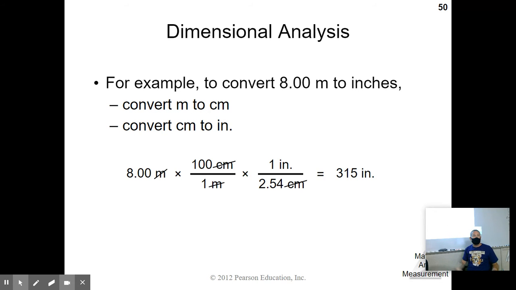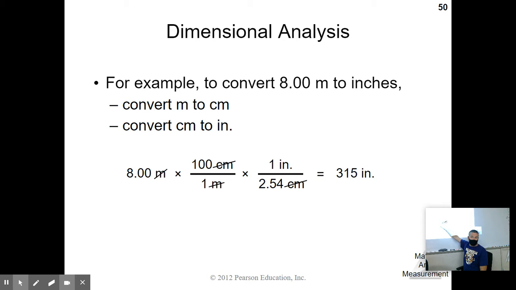It also sets up a division problem. Okay? So you take your 8, multiply it by 100. The meters cancel. And you can divide by 1 if you want to. I think you already figured that out. So you take that answer. So 800, right? You'll then, because 800 centimeters.